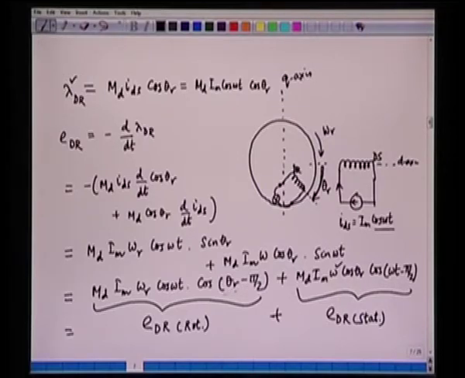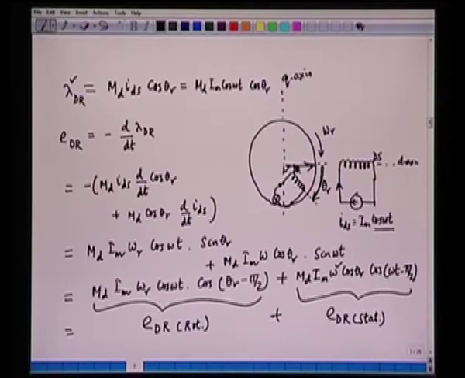It is cos theta r minus pi by 2, and the statically induced EMF is in the same space phase, because this is cos theta r. Theta r is this angle. So this will be maximum when these two windings are aligned. Whenever theta r is equal to 0, it means this winding is aligned along this.